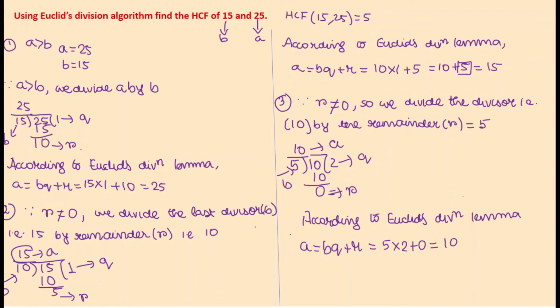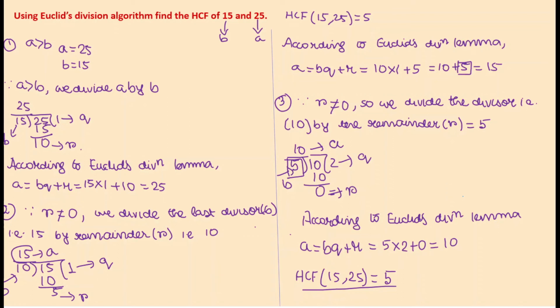So 10 is exactly the dividend. The HCF of the two numbers 15 and 25 will be the value of the latest divisor, that is 5. So the HCF of 15 and 25 is 5, which exactly matches the conventional method.